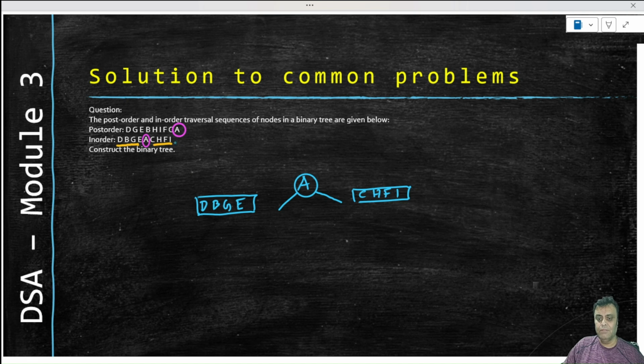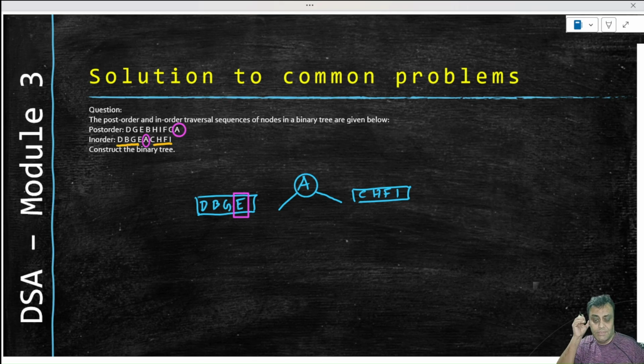Then we will go to the post order and say that if this is my subtree, a subtree is also a tree, right? So if this is a subtree, then this will be my root, right?